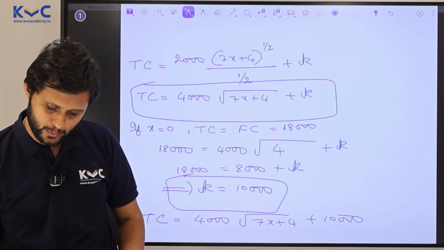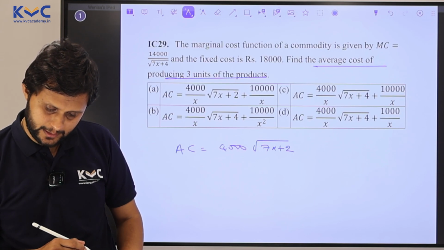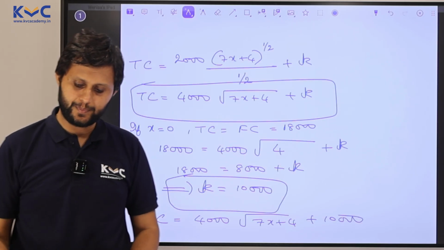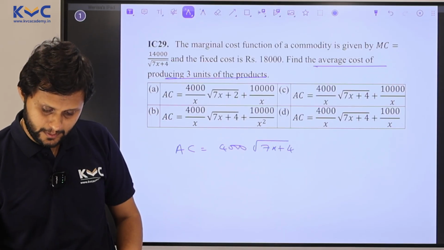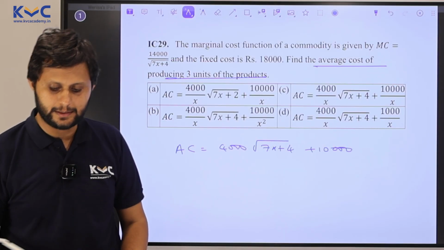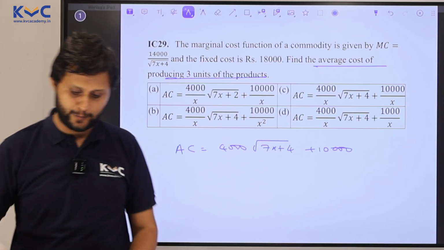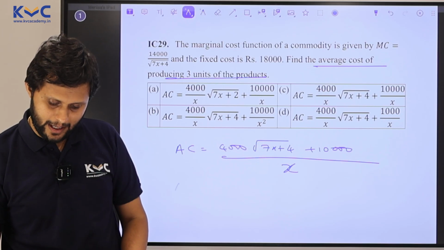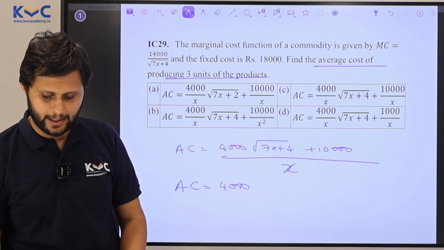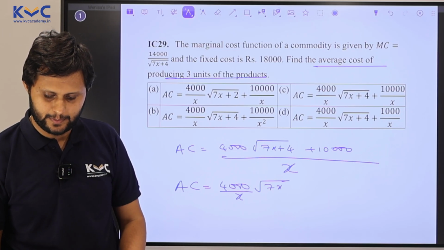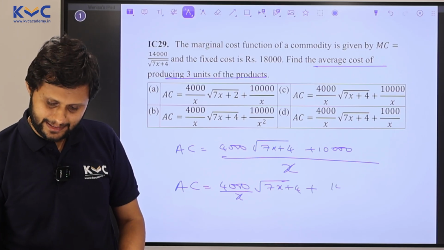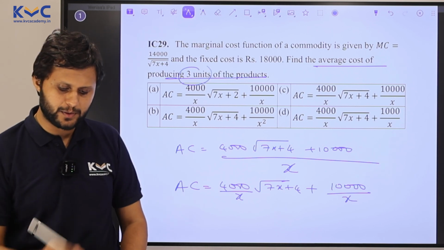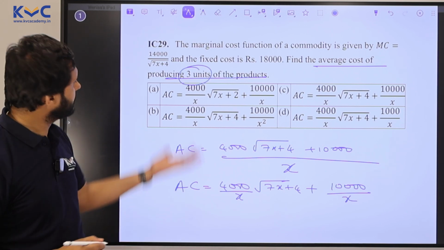Was it 7x plus 2? 7x plus 4, right? 7x plus 4. It was 7x plus 4 plus 10,000. This was the total cost function divided by x. Correct. So we have average cost is equal to 4000 by x square root of 7x plus 4 plus 10,000 divided by x. They should have actually substituted the value of 3, but they have not done that.